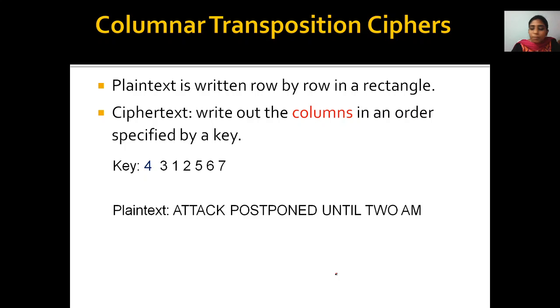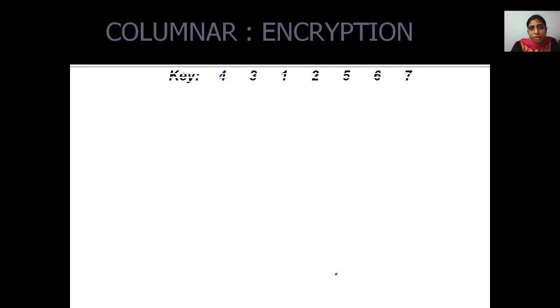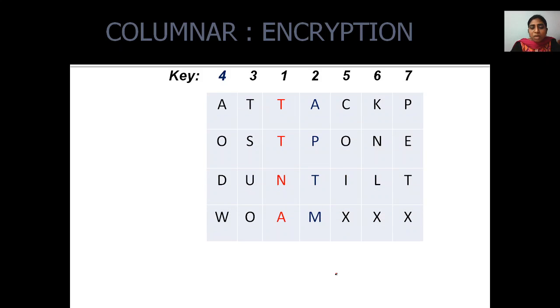Suppose the plain text is attack postponed until 2 a.m. So we are going to take the key value, then we are going to write all the plain text in the form of a matrix where attack postponed until 2 a.m. Then the remaining letters are replaced with some other letters.